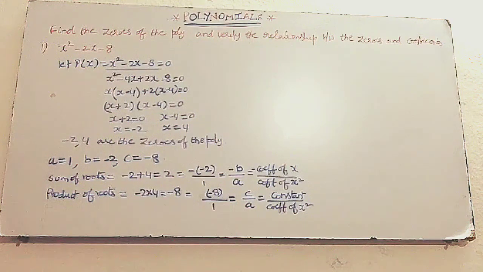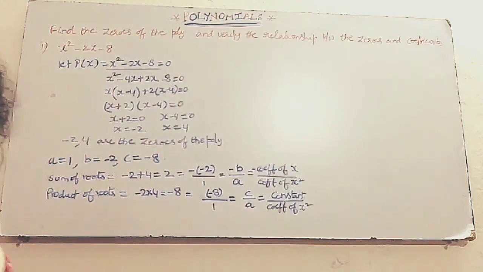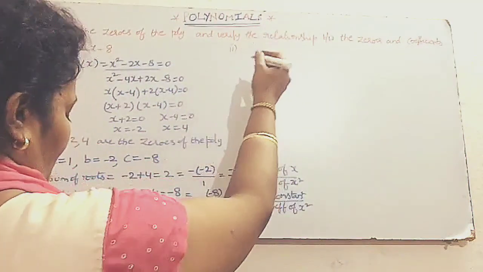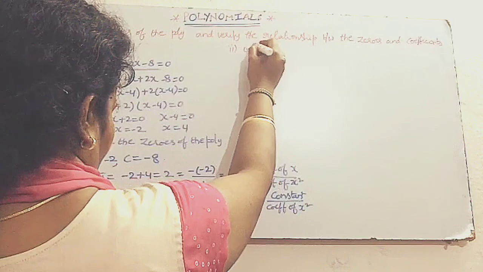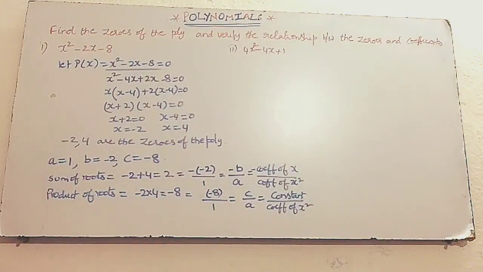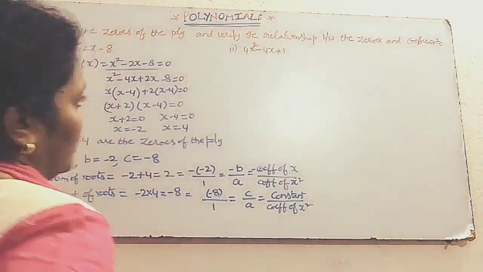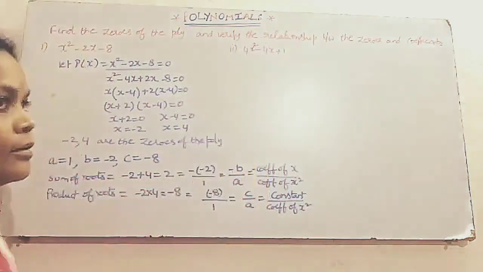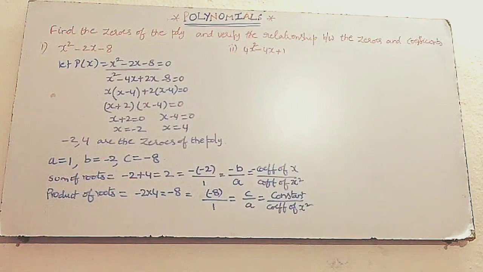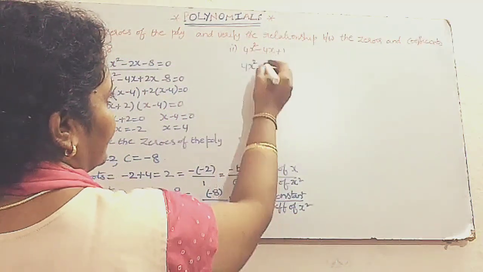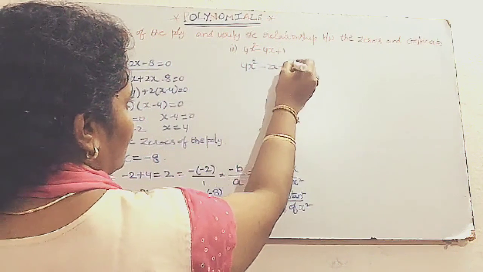And the next problem: 4x square minus 4x plus 1. So what are the roots? 2 twos are 4, so 4x square minus 2x minus 2x plus 1.